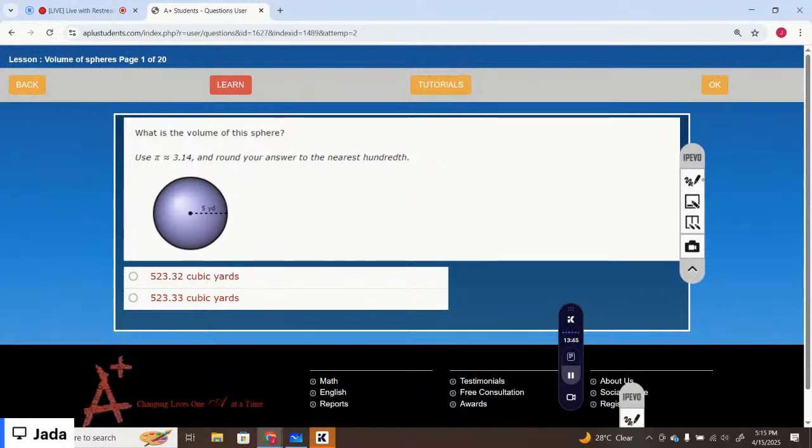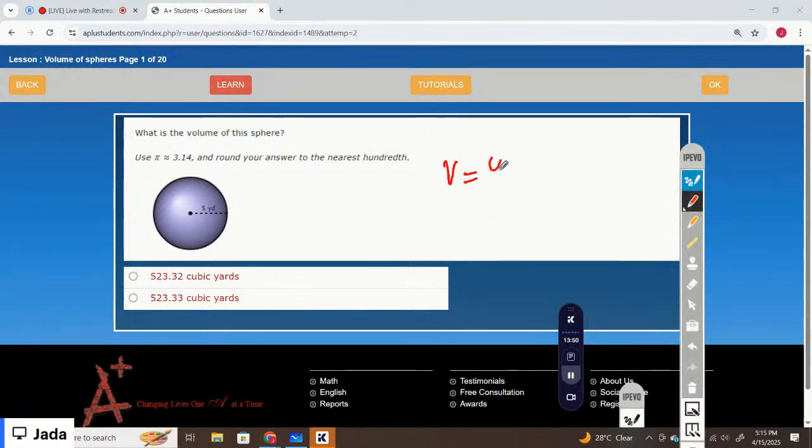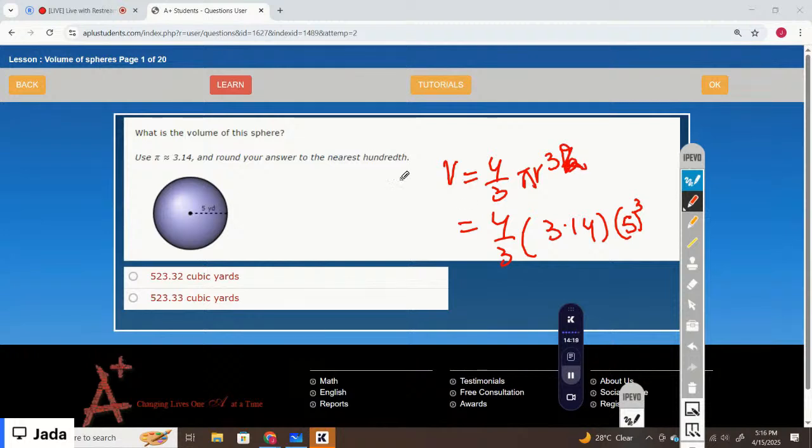What is the volume of the sphere? That is V equals 4 by 3 pi r cubed, that is 4 by 3, 3.14, r cubed. It is pi r cubed only, not h, that is the sphere.